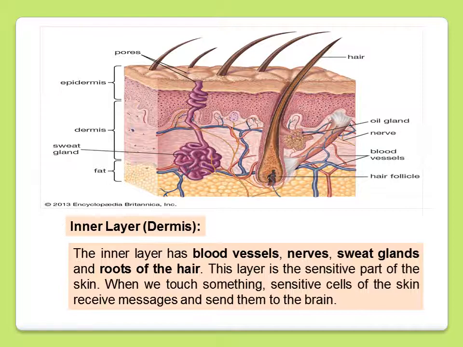So this is all about the structure of skin. We have divided the skin into two special layers: outer layer, that is epidermis, and the inner layer, that is dermis. So this diagram is to be drawn in your own time and do practice for it.